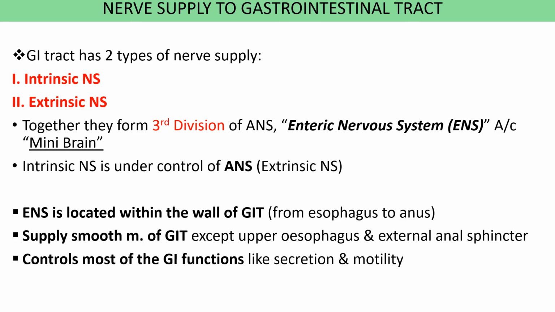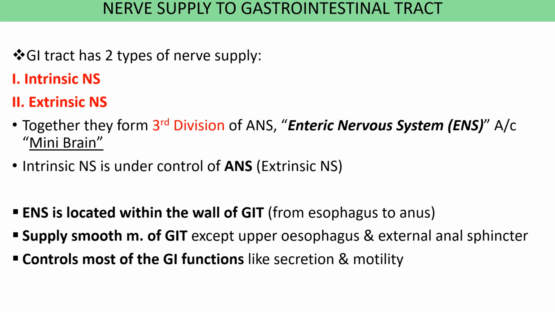Now why is it important? The enteric nervous system is important because it controls most of the gastrointestinal functions, that is secretion and motility of the gut. The enteric nervous system is located within the wall of the GIT all along the alimentary canal, right from the beginning, that is the esophagus, till the anus.